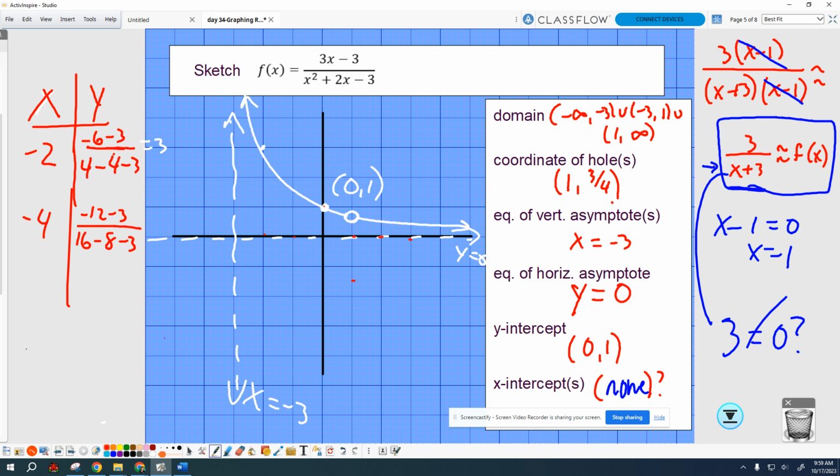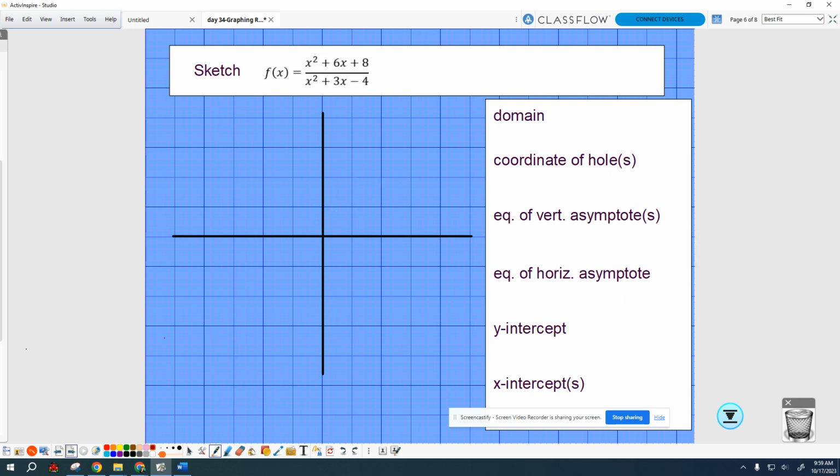So what's -15 divided by 5? -3. So this guy at -4, we're at -3. I should pick more numbers, but it's going to look like that. I want to make sure I get to show you guys how to do this stuff on Delta Math, which is part of your homework. I want to do one more example.